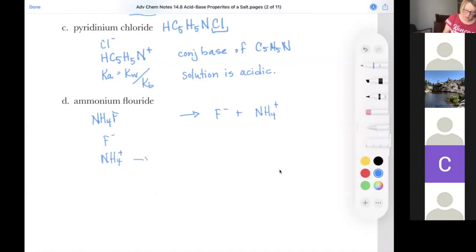So remember, NH4 is the conjugate acid of NH3. We can look at that. NH3 plus water gives us NH4 plus OH.